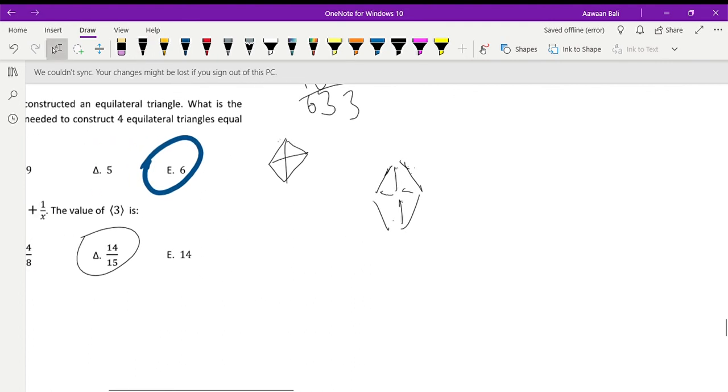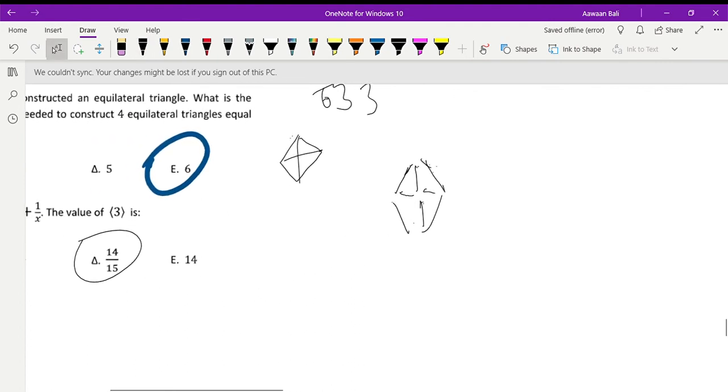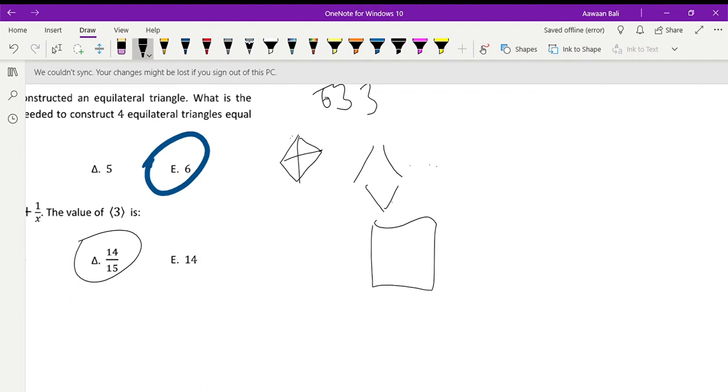Oh, sorry. We put 4 matches like a square. And when you make a square, you can actually make some equilateral triangles like this sometimes, if you do it properly.